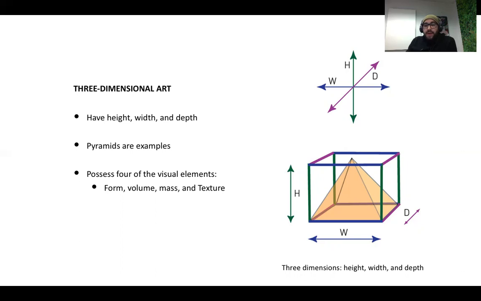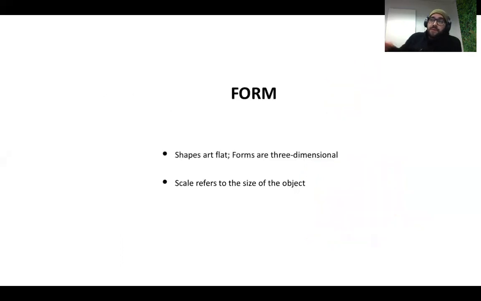Pyramids have height, width, and depth. Three-dimensional art uses visual elements such as form, volume, mass, and texture in order to describe all aspects of the work. So what we're going to do is review each of these as we move through these slides.